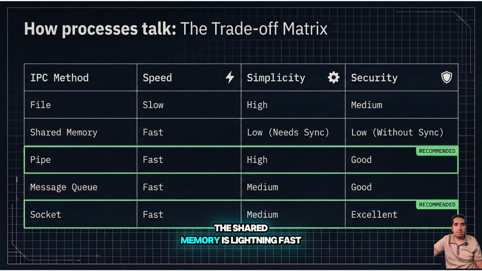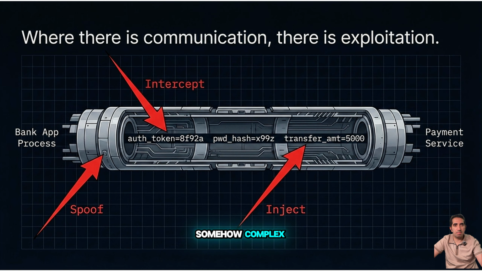Shared memory is lightning fast, but it has low security because it requires complex synchronization to avoid chaos. Pipes and message queues offer a good balance, but sockets are the gold standard for security in many environments, allowing for excellent isolation, even if the communication is somewhat complex.